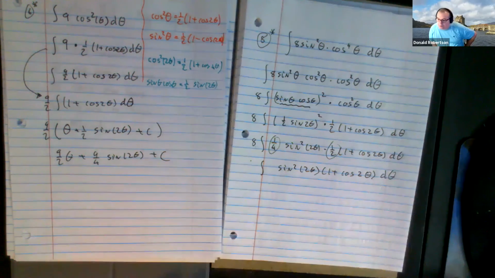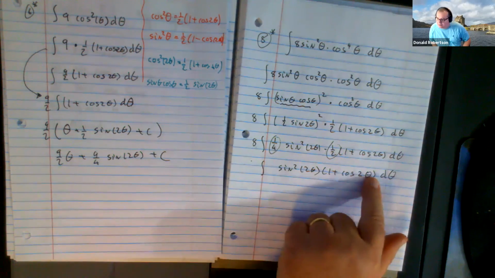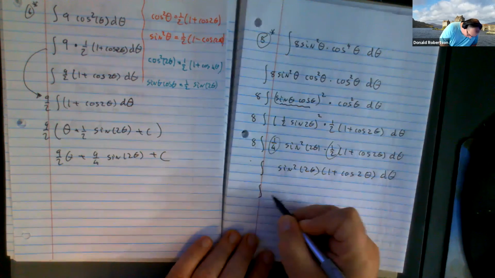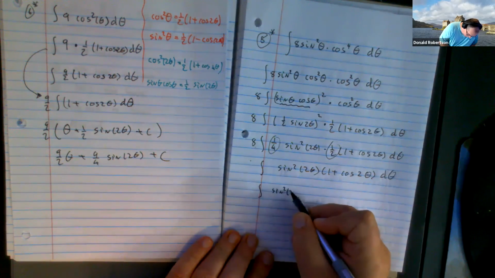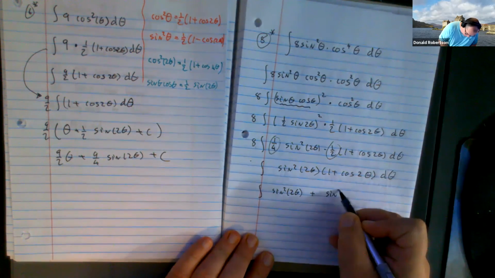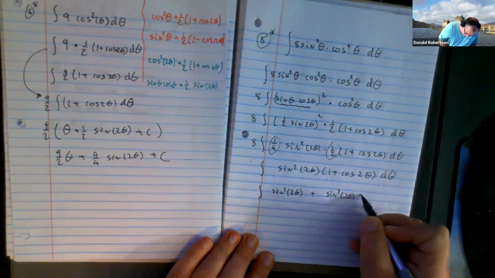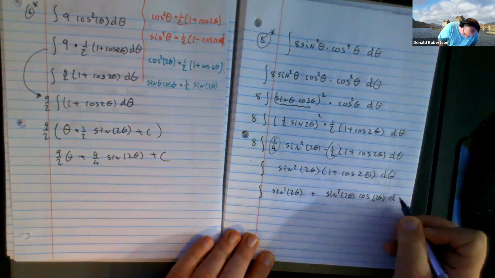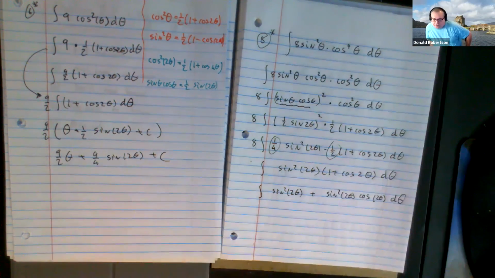Are we comfortable with this process so far? Because there is a lot of trig stuff floating around here. Are we good to this line? Okay, now. Going to distribute the sine squared 2 theta.